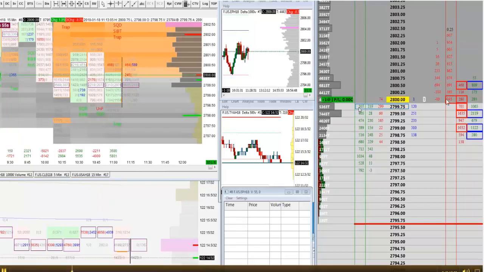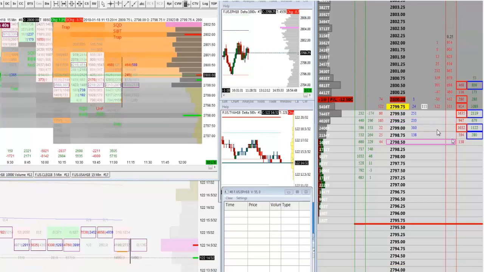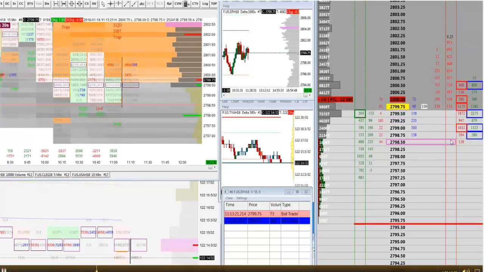I'm anticipating that the buyers are going, since we're above and kind of in line with these sellers, it's kind of acting as support. So I want to see a seller. Okay, pause. See that seller? 73 at 99.75.